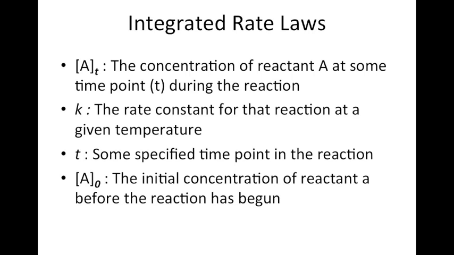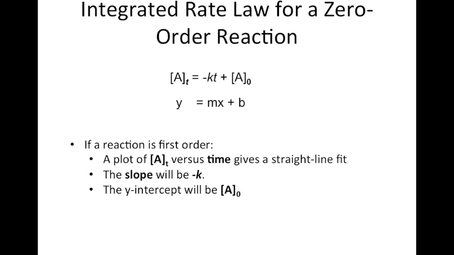So let's take a look at each of these rate laws and try to study them in a bit more detail. The integrated rate law for a zero order reaction, as we showed you, is this. And if you notice, it's written in the form of an equation for a straight line.